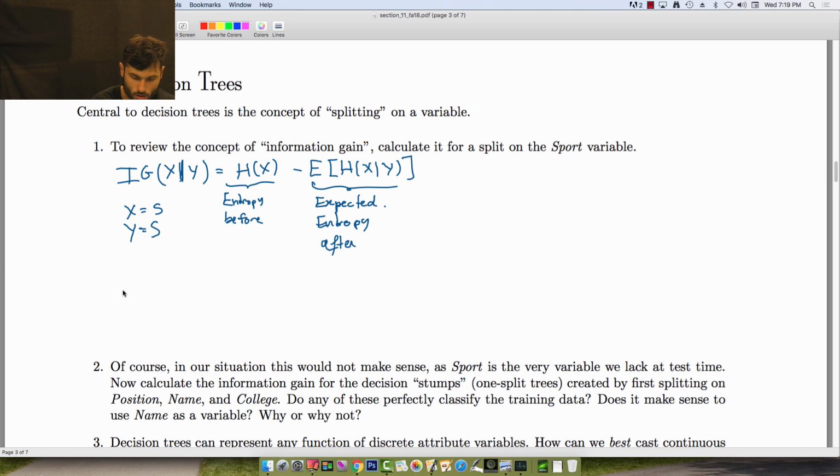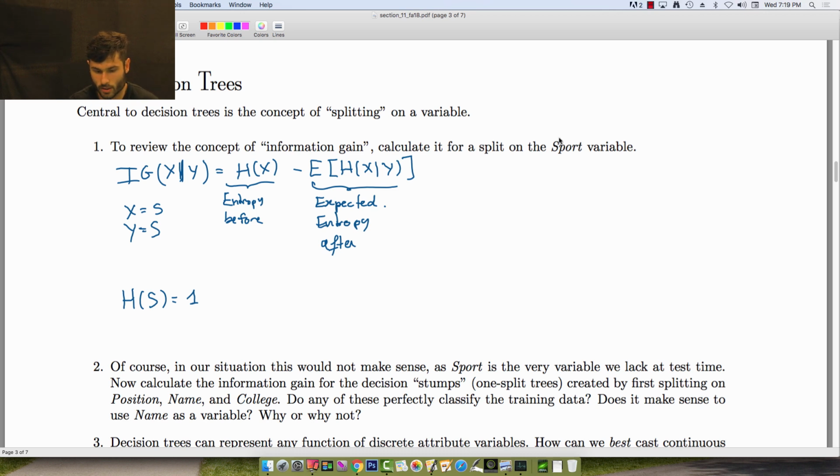Right. So we have computed in the previous problem the entropy of the sport, and it was equal to 1. So now we need to compute the expected entropy after we split on the variable sport.